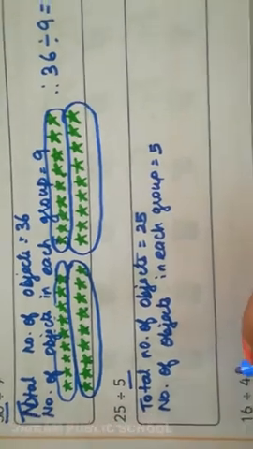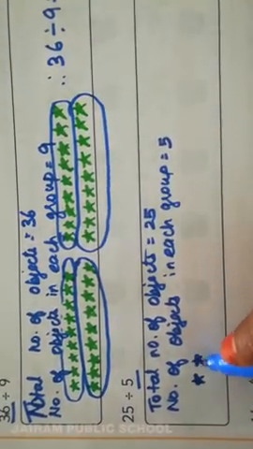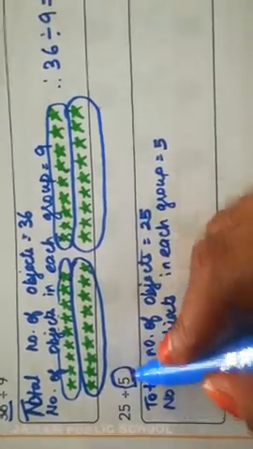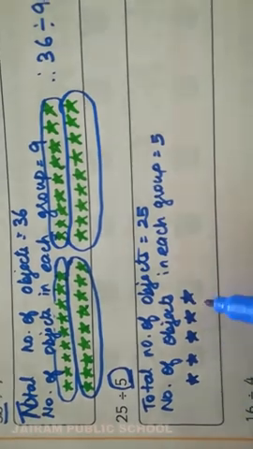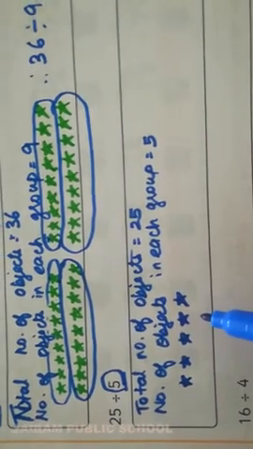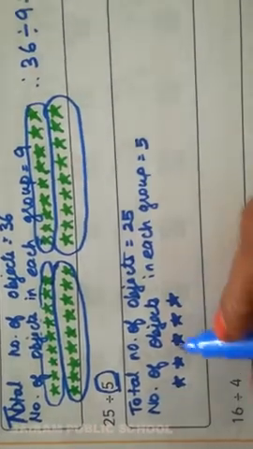Now, we have to start grouping. 1, 2, 3, 4, 5. 5 stars in each group. So, we have to draw 5 stars. If you want any other pictures, you have to draw by yourself. First set will be finished.